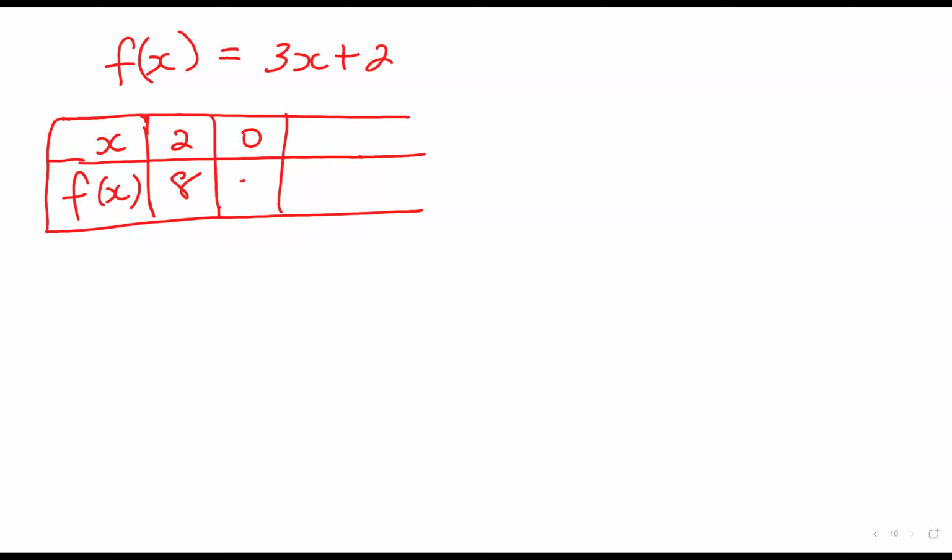Yeah, it'll just be 2, because it'll be 3 times 0 plus 2. You're right. Hold on, first of all, I want to change this color because I don't want to write in red. So f of 0 will be equal to 3 times 0 plus 2, which is 2. So that's how we got that.